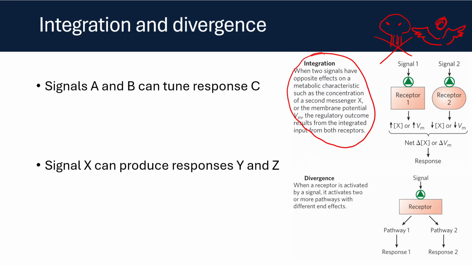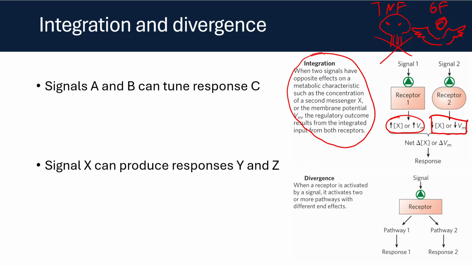And if you look at this graphic underneath my excellently drawn skull and crossbones and angel face, you're going to have two ligands, let's say TNF and a growth factor, both competing for the receptors on the cell surface. Perhaps the TNF signal is ramping up the activity of some secondary messenger, whereas the growth factor is causing it to deplete.